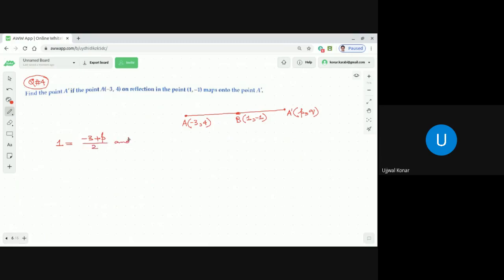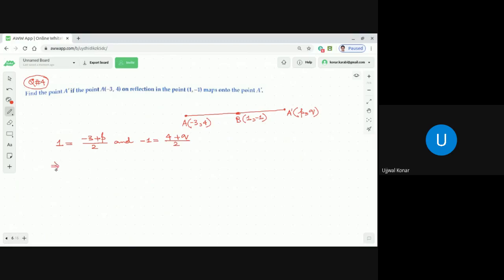In a similar manner, the y coordinate of the point B, that is minus 1, should be equal to the average of the y coordinates of the points A and A dash, that is 4, which is the y coordinate of the point A, plus q, the y coordinate of the point A dash, divided by 2.